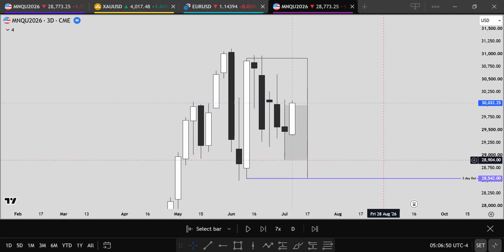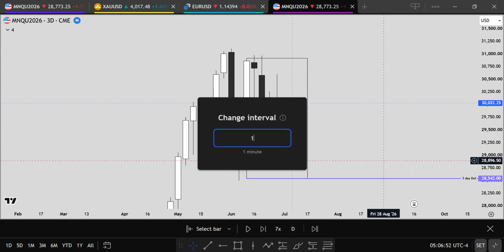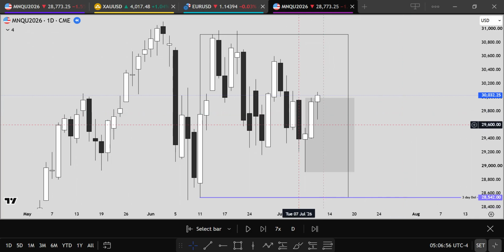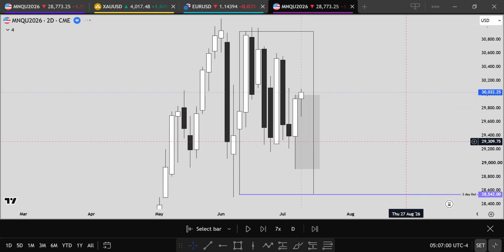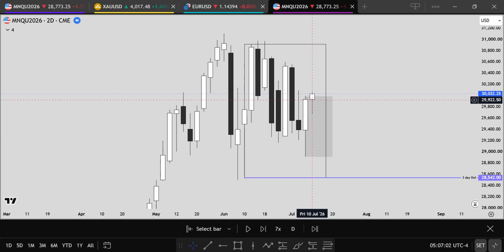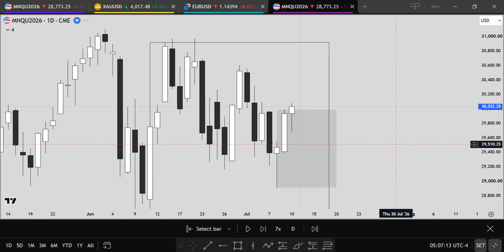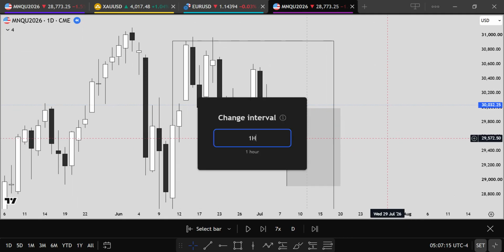Okay, so we have 3-day draw liquidity. Also, when you check the daily time frame, this range already got activated. This range already got filled, right? So when you check the 2-day time frame, here you can see this candle went up, didn't break and close above this candle high.